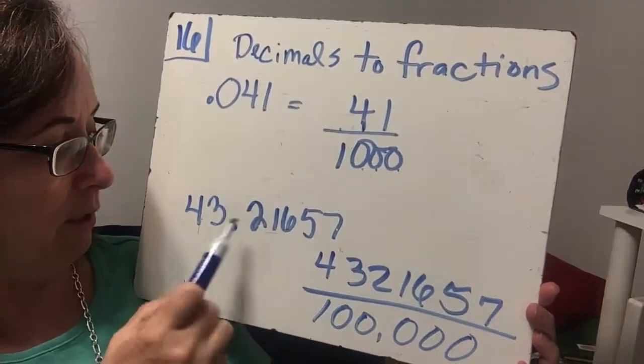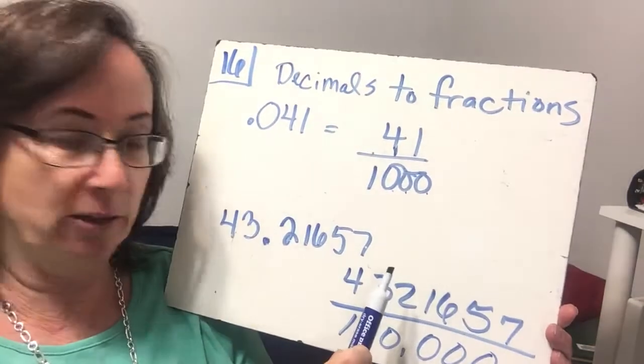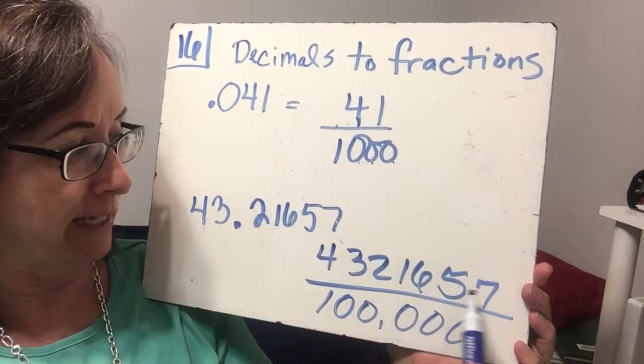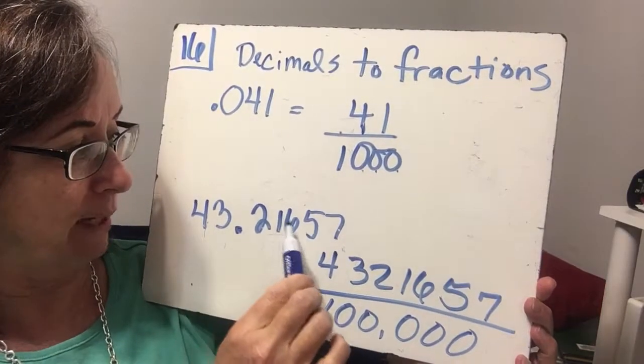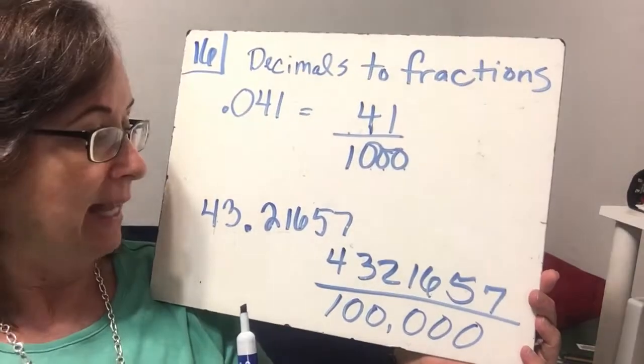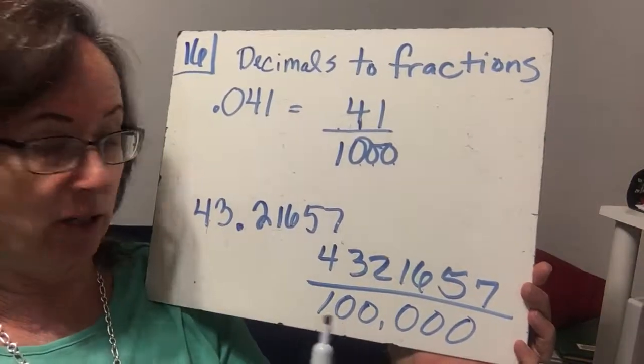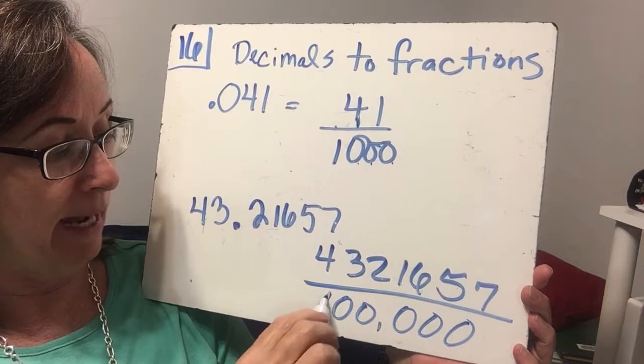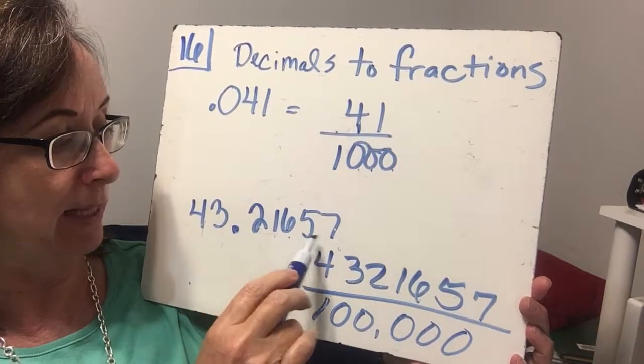All right, so now we're going to not worry about our decimal anymore. We're going to put every digit up there, 4321657. And then on the denominator, we're going to put a 1 and how many decimal places we see.